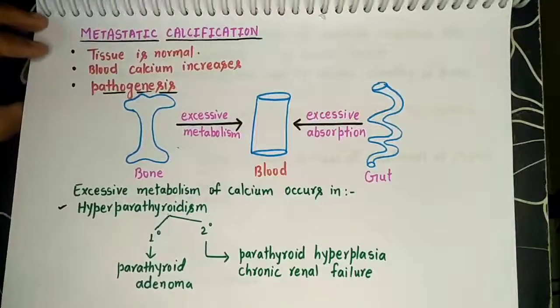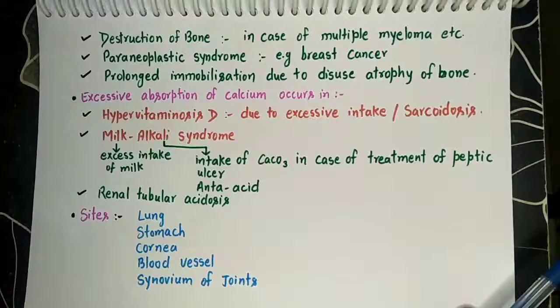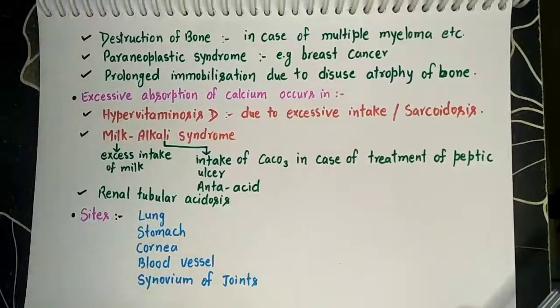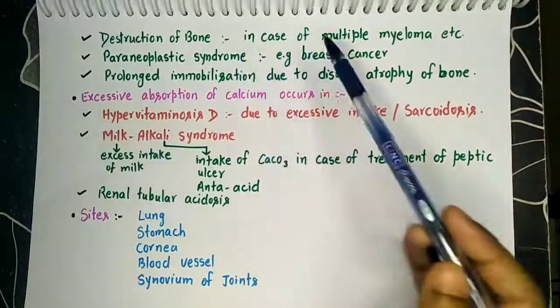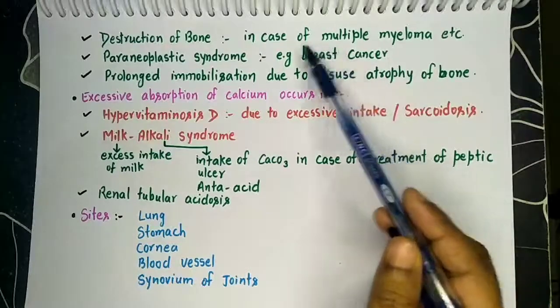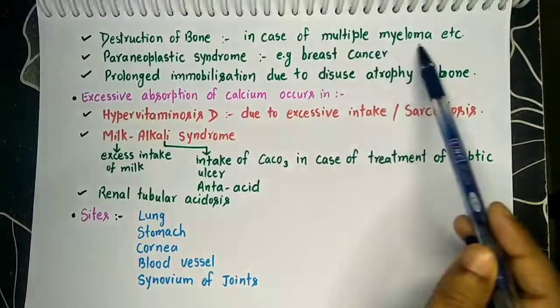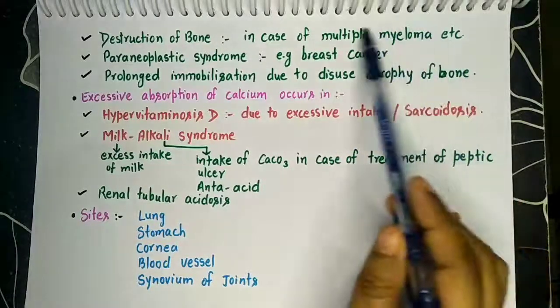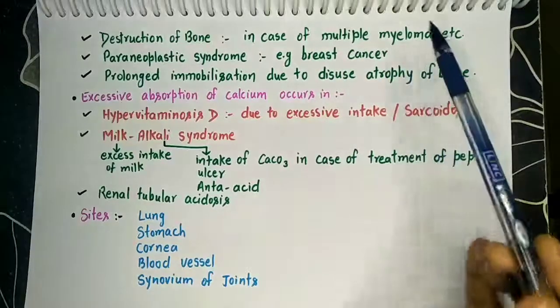The other possibility is destruction of bone, due to which excessive metabolism of calcium occurs. In case of destruction of bone, there will be excessive release of calcium from bone, and this is seen in case of multiple myeloma. Multiple myeloma is a type of blood cancer in which there will be destruction of bones.